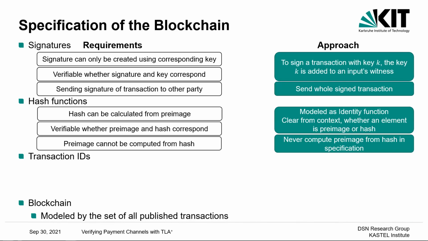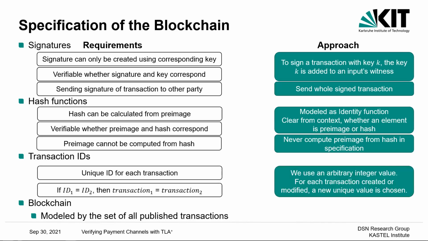For specifying transaction IDs, we have the requirement that each transaction has a unique ID. And if a transaction is modified in a certain way, then also the ID of the transaction changes. In Bitcoin, this is implemented by using the hash of a transaction as an ID.